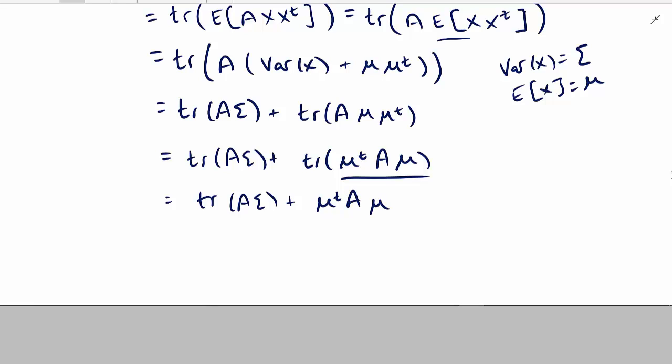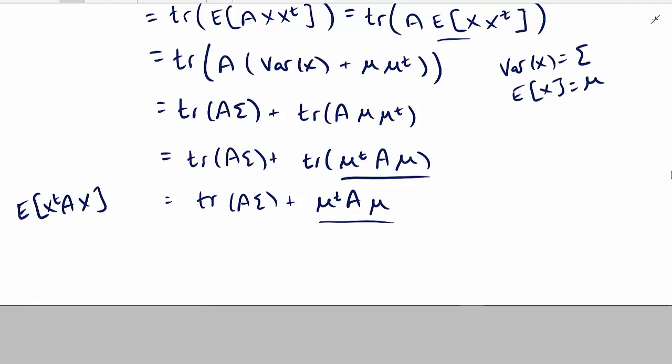Okay, so let's remind ourselves what we're calculating. This is the expected value of x transpose A x. And what you'd really like is for the expected value to move through and operate on both sides. So you'd really like this to be just the answer by itself: the expected value of x transpose A x is the expected value of x transpose A times the expected value of x.